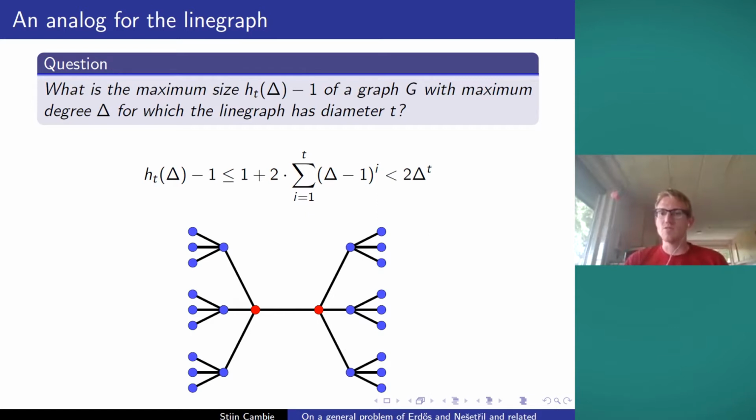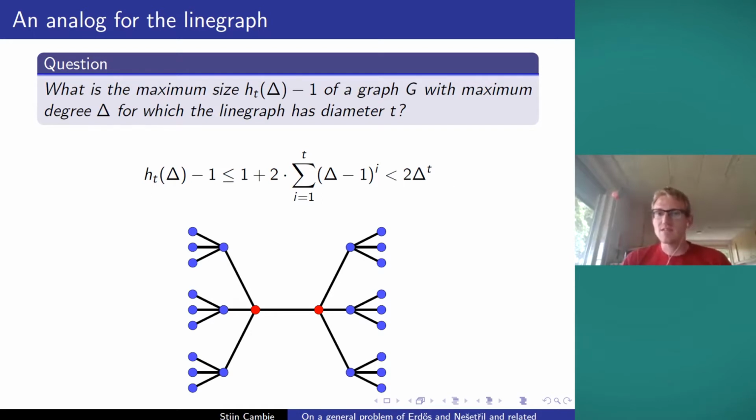And then at distance 2 from the edge, you can have the same. And you repeat this up to the diameter t. Then summing the maximum number of edges at a distance i from 1 to t, you get a bound which is smaller than 2 times delta to the t. So it seems very similar.